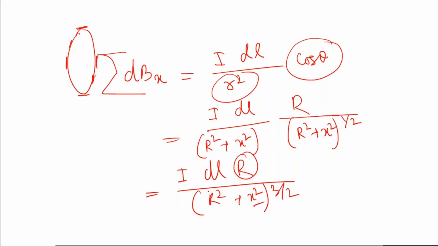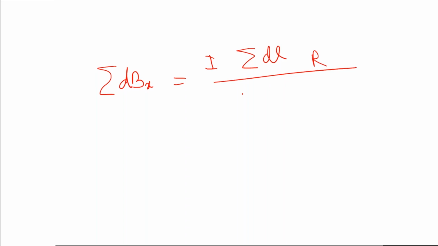The I is a steady current, so you have to take the summation of dl alone, and you have got R by x square plus R square whole to the power 3 by 2.